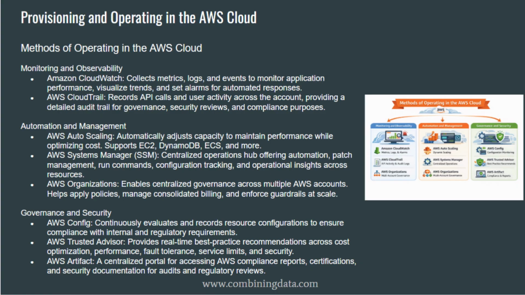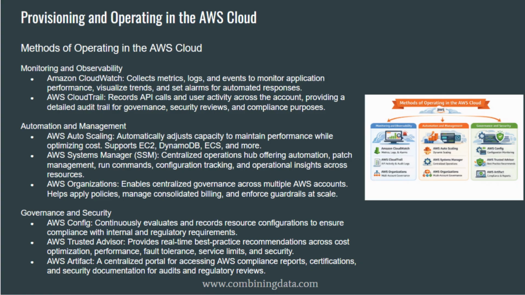This creates an audit trail, which is critical for security investigations, compliance, and governance. Example: if a security group is modified to allow public access, CloudTrail shows exactly who made that change. Exam tip: CloudTrail answers the question, who did what in this AWS account?